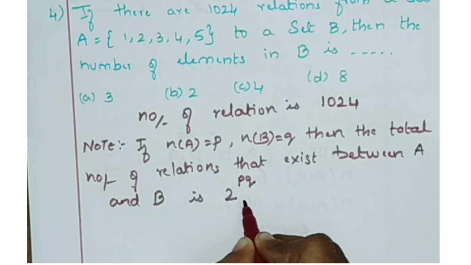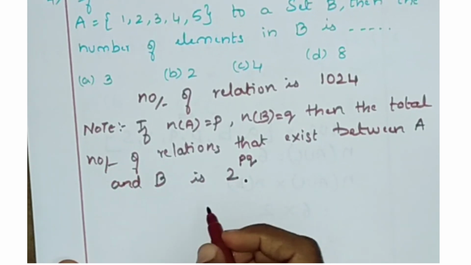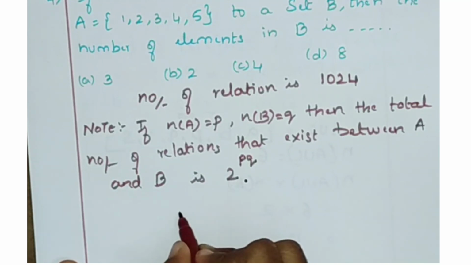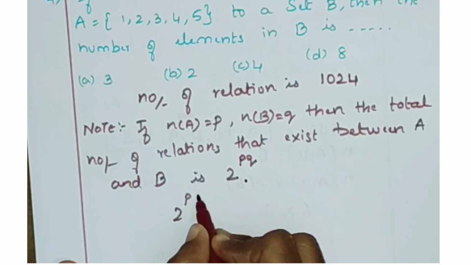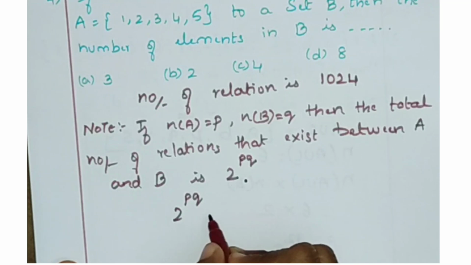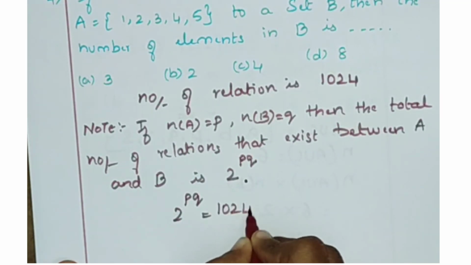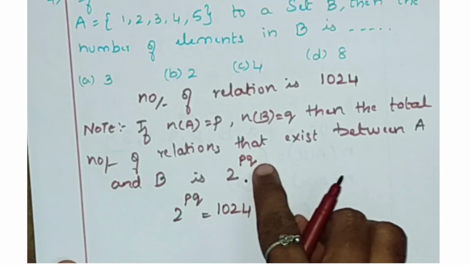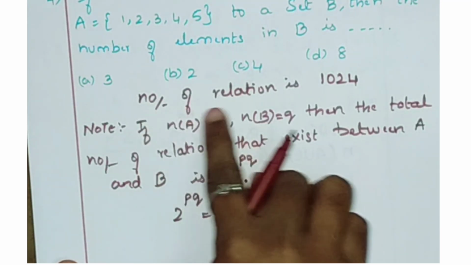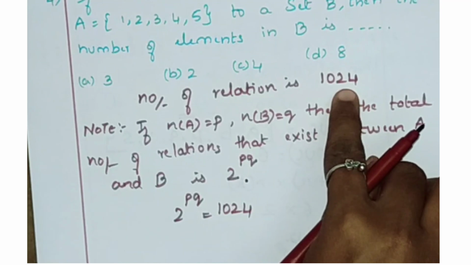This one you have to know. So number of relations is given by 2^(PQ), and we already know that the number of relations is 1024.